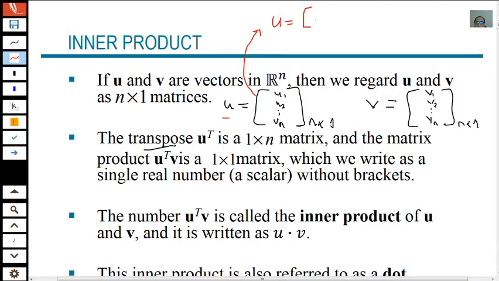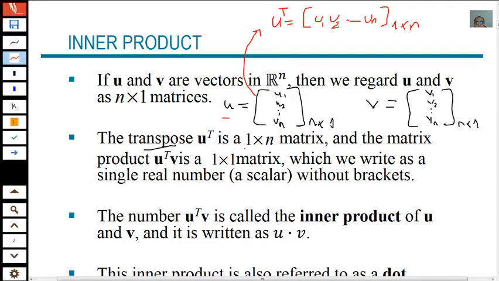Therefore, we write u1, u2, and so on up to un. So just we have one row and n columns, and in each column, just we have exactly one entry, as you can see. This is the transpose of the vector u.